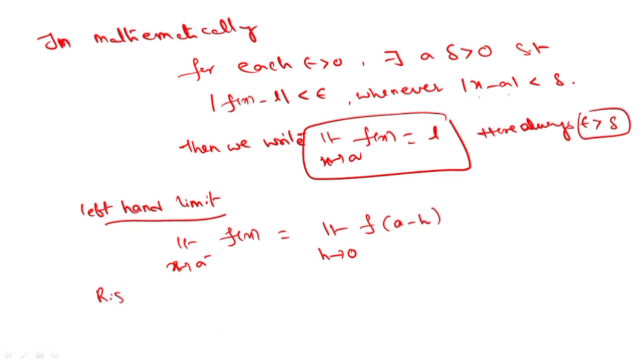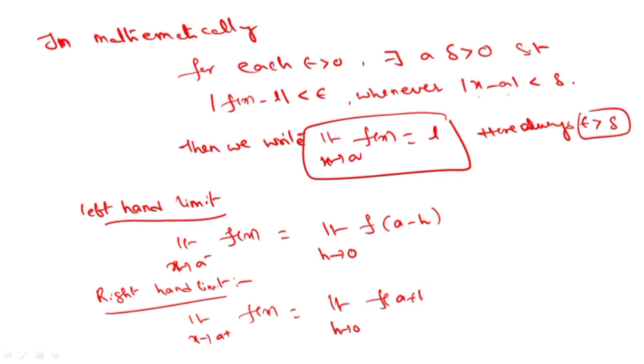Similarly, for the right hand limit, you can find it by directly substituting a value, but you can also approach it this way. It is limit h tends to 0 of f of a plus h. This is the right hand limit.